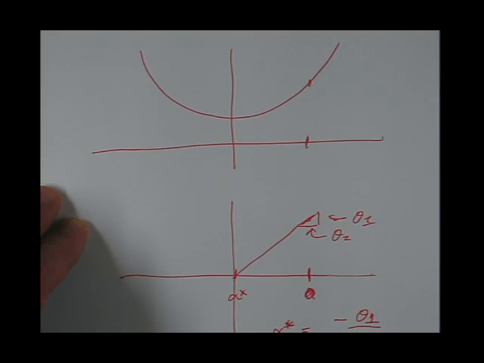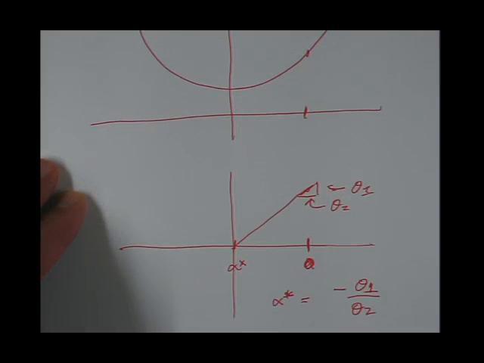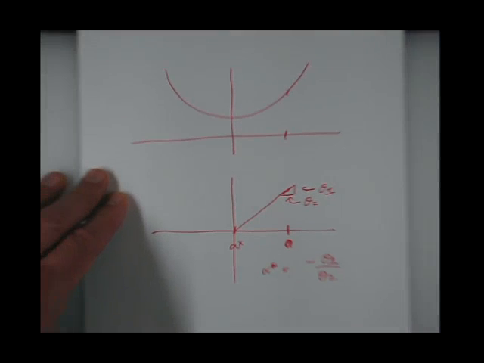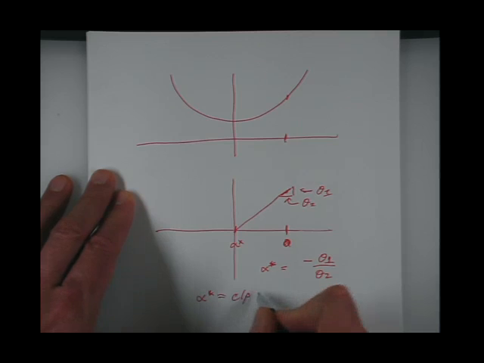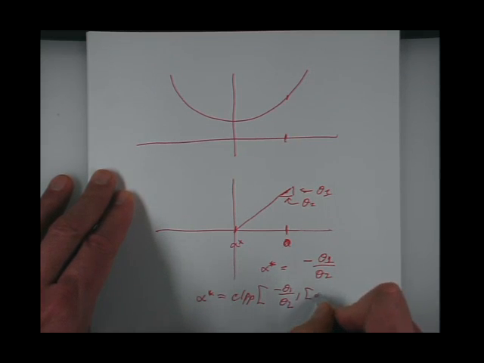Keep it moving. Oh, I'm off the screen, thank you. Okay, so alpha star is really going to be the clipping of minus theta 1 over theta 2 to AB.